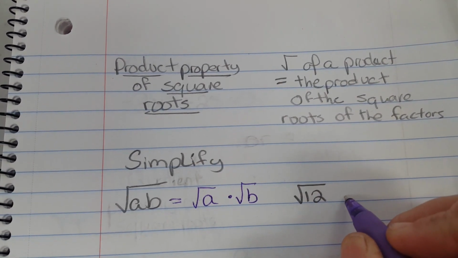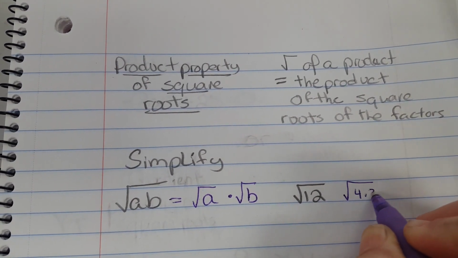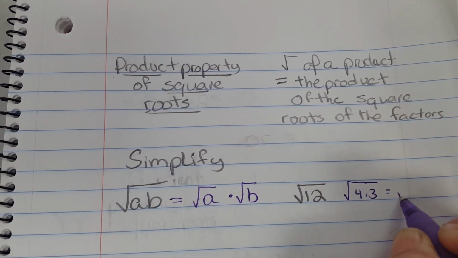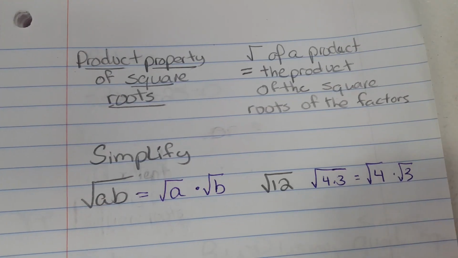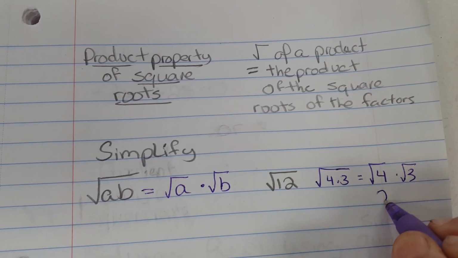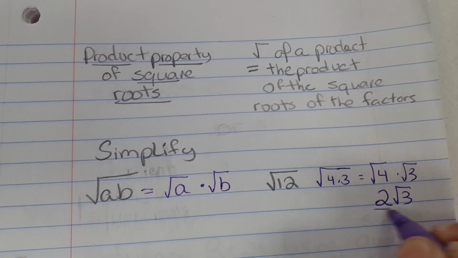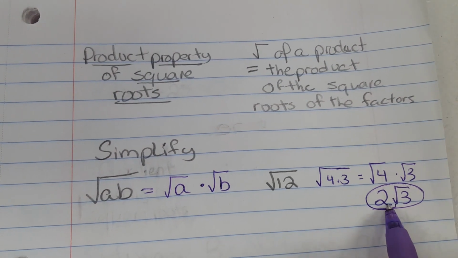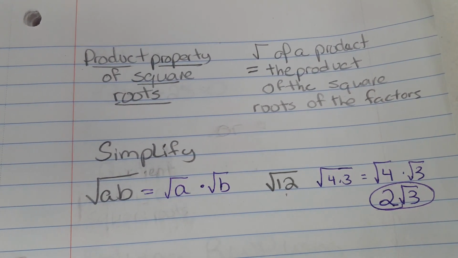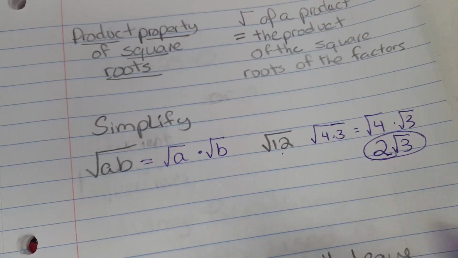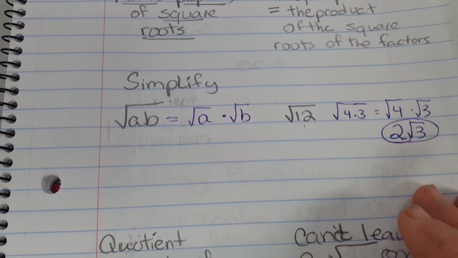Here we could say that 12 is 4 times 3, which we could then say is the square root of 4 times the square root of 3. And we know the square root of 4 is 2, and then times the square root of 3. So that would be the simplified version of the square root of 12. And that's review. If you need more help on that, just ask.